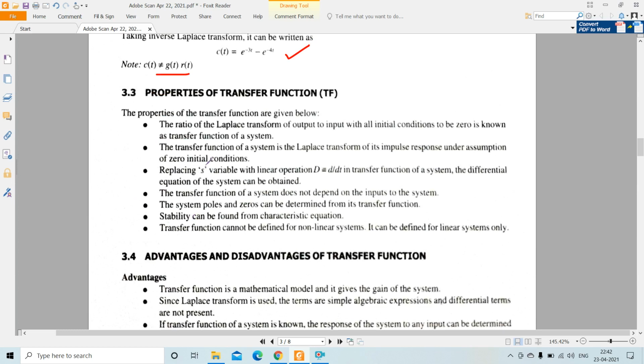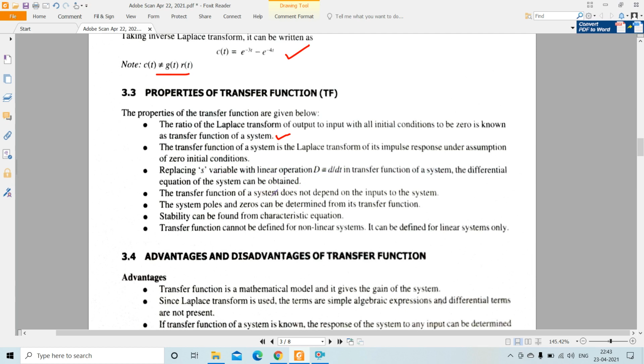Next are the properties of transfer function, given below. The ratio of the Laplace transform of output to input with all initial conditions 0 is known as the transfer function of the system. This is one property. The transfer function of a system is the Laplace transform of its impulse response under the assumption of 0 initial conditions. Then the next property: replacing the s variable with the linear operator d by dt in the transfer function, the differential equation of the system can be obtained.